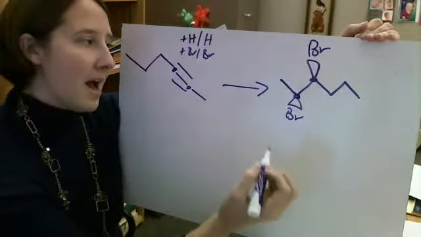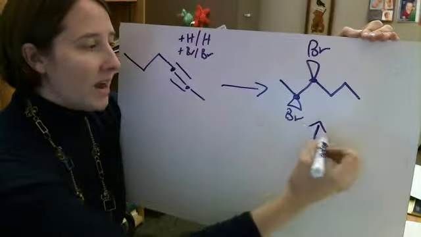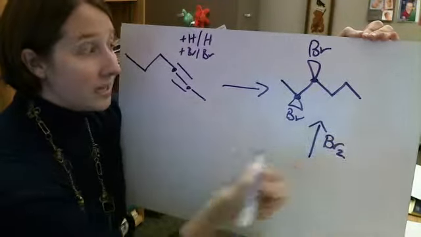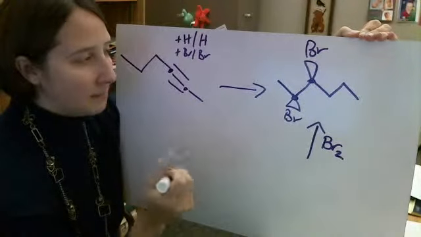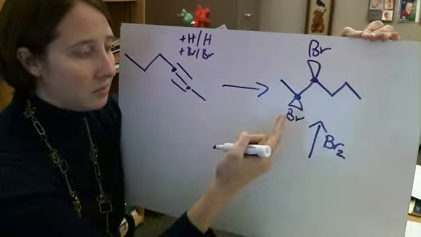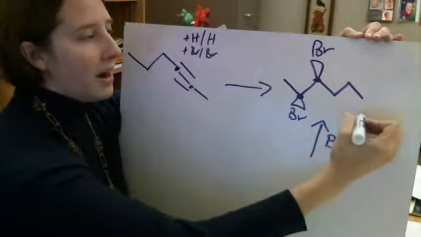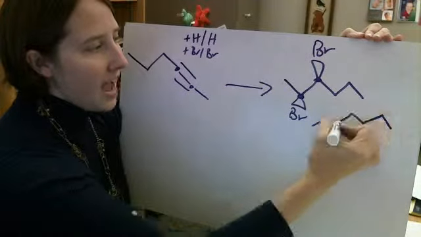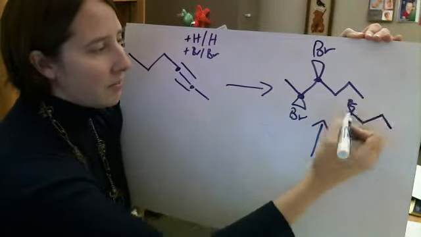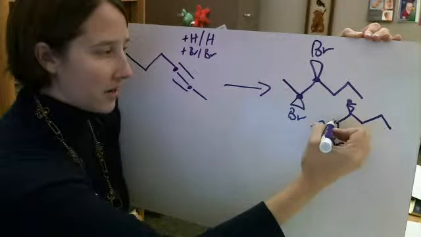Now, when I think backwards, I'm actually going to take this one and work from this side. When I add Br2, because that's how I add 2 bromines at a time, that happens in a trans method. So for me to get this stereochemistry, what I actually want to get is my bromine here, rotate this group around 120 degrees.